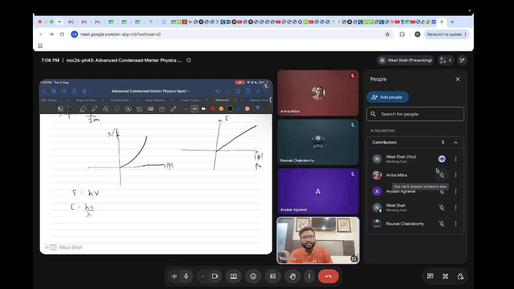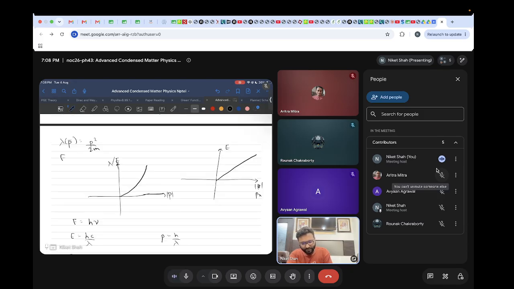And what is the momentum relation for photons? How do you calculate momentum? P is equal to h by lambda for photons. So therefore E becomes Pc. Here you can see E is equal to P square by 2m.